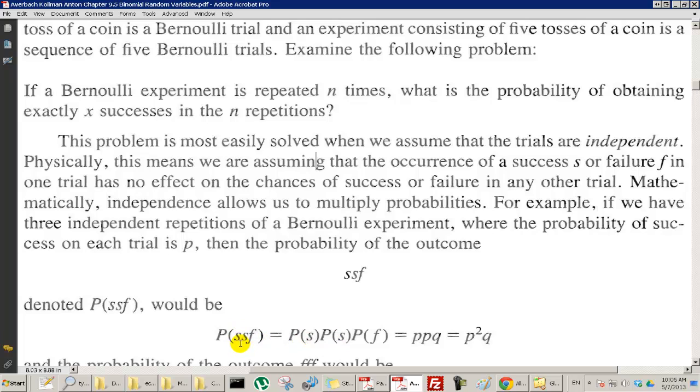Remember, this means success on the first and success on the second and failure on the third. So that means intersection, and intersection can be broken up into multiplication when you have independence. So it's the probability of success times the probability of success times the probability of failure. But we called the probability of success P, and we called the probability of failure Q. So it's P times P times Q, or P squared Q.